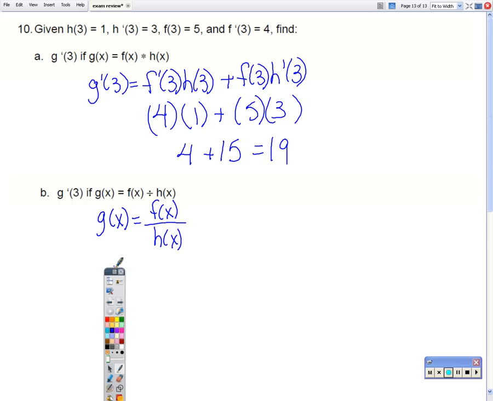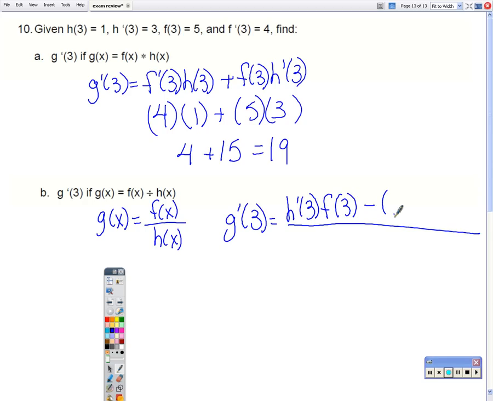So the derivative of g of x, but we want it at 3, so g prime of 3, h prime of 3, f of 3, minus f prime of 3, h of 3, all over h of 3 squared. So h prime of 3 in our givens is 3.